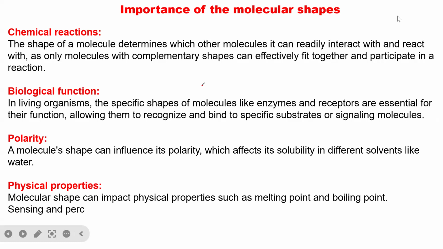So then the next thing is biological function. In living organisms, the specific shapes of molecules like enzymes and receptors are essential for their function, allowing them to recognize and bind to specific substrates or signaling molecules. In biological systems, we have so many molecules with specific shapes, and it is their shape that makes them recognize their substrate, in the case of enzymes, or signaling molecules, in the case of receptors.